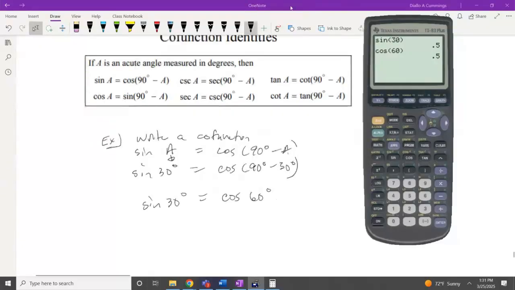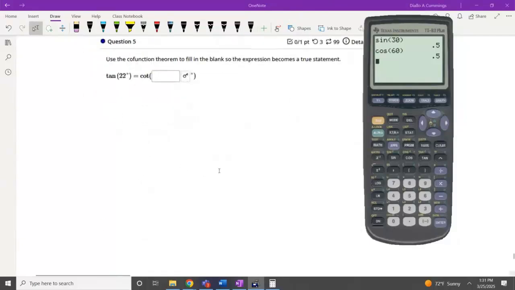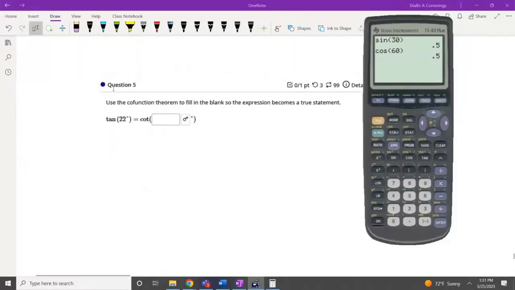So let's look at a couple of problems. Number 5 says use the cofunction theorem to fill in the blanks. The tangent of 22 degrees is equal to the cotangent of blank.